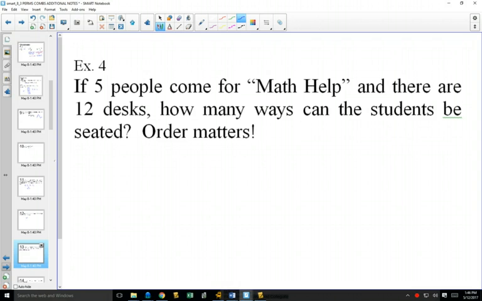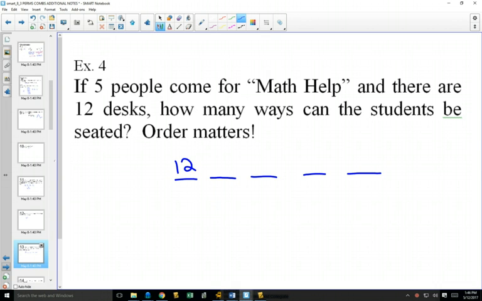But you have to remember that with your spaces question, each space represents not a desk, but a decision. So if there's 5 students that need to pick a spot, they each have to make a decision. So in this example, there wouldn't be 12 spaces, but 5 spaces, because that represents how many decisions need to be made. Student 1 comes in, how many choices do they have?